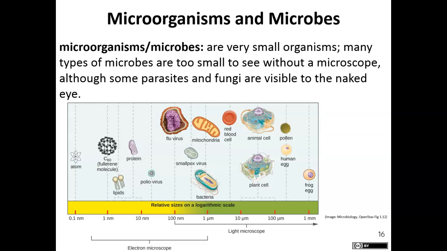And so I typically say the word microbe when I'm talking about microorganisms, just because that includes bacteria, viruses, prions, the whole scheme of everything, okay? But these organisms, or these materials, are too small to be seen without a microscope.